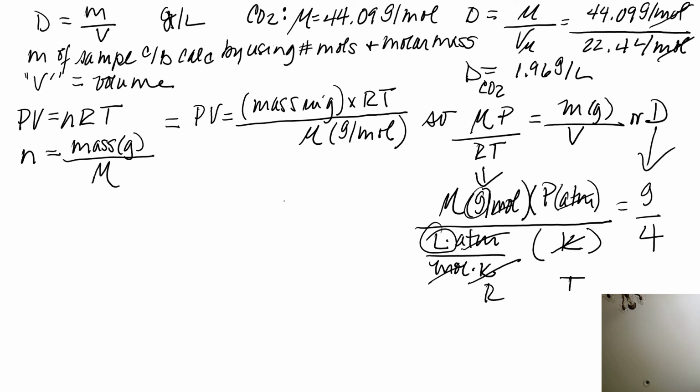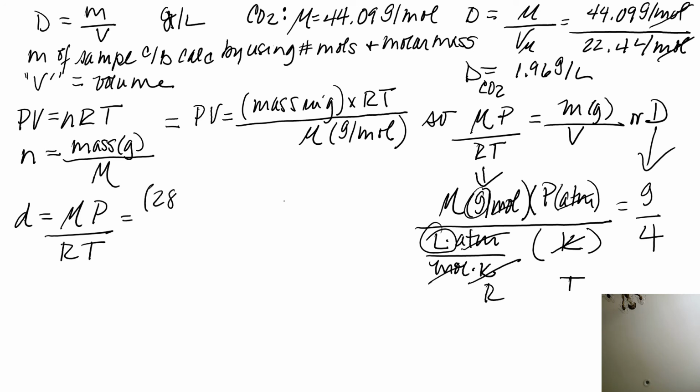So let's do an example calculation. So we want to calculate the density of air at 1 atmosphere and 302 K. And we're going to assume that the air has an average molar mass of 28.8 grams per mole. So density equals molar mass times P divided by RT.